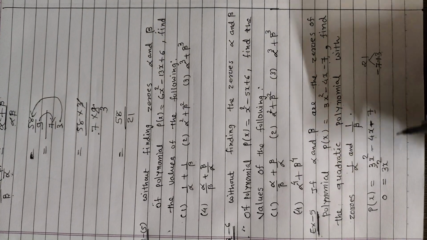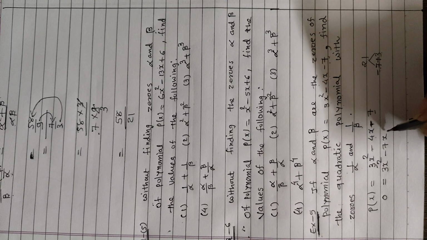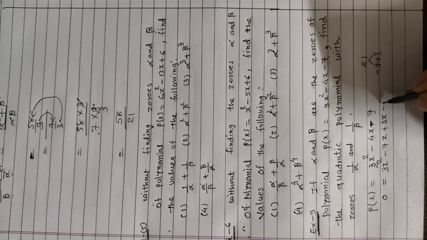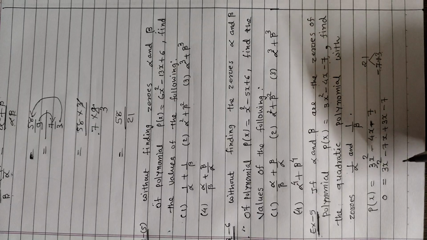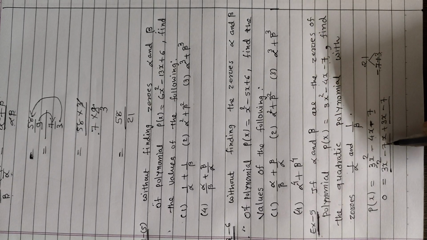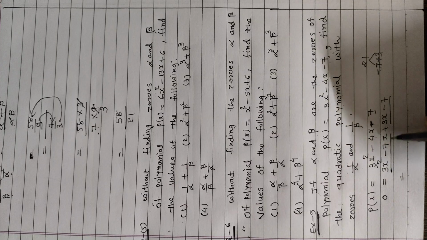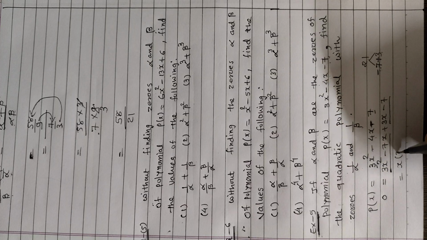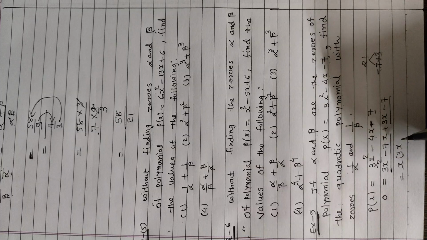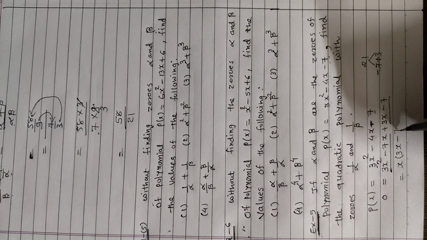So 3x square minus 7x plus 3x minus 7. Take common from the first two terms and the last two terms. So take x common: 3x minus 7 will be in the bracket.